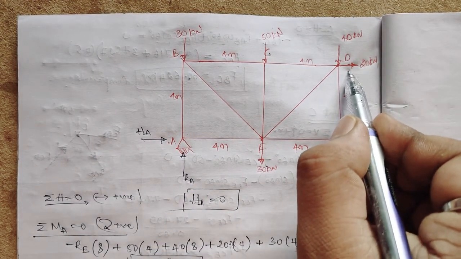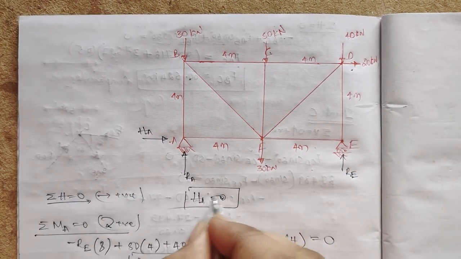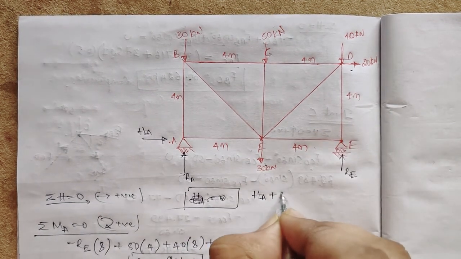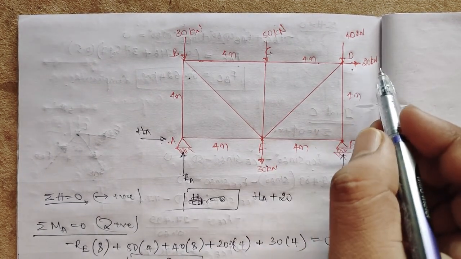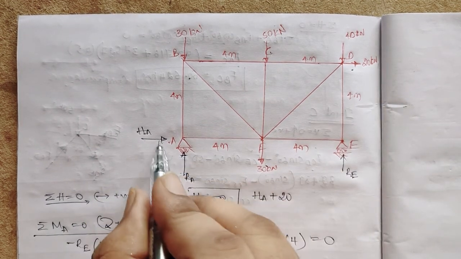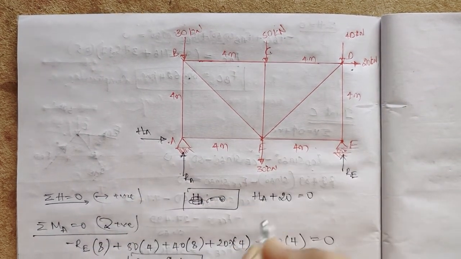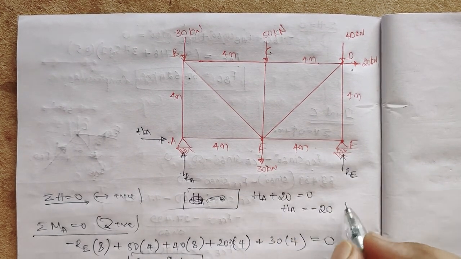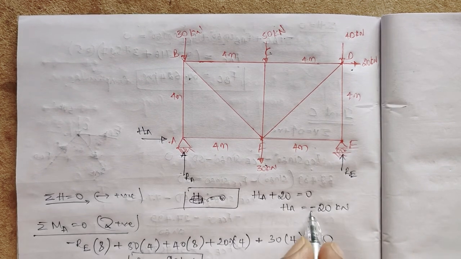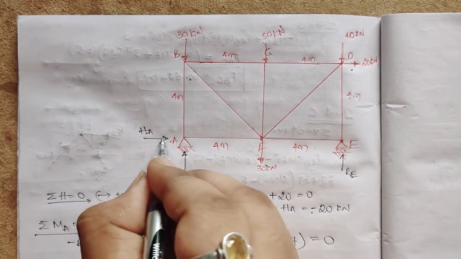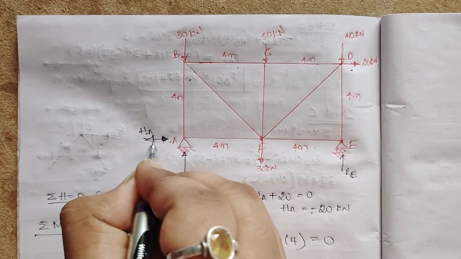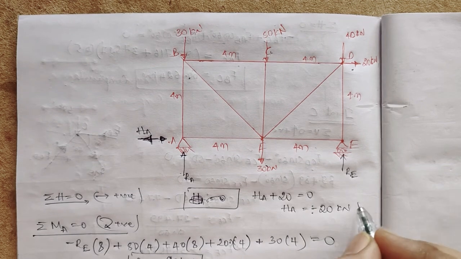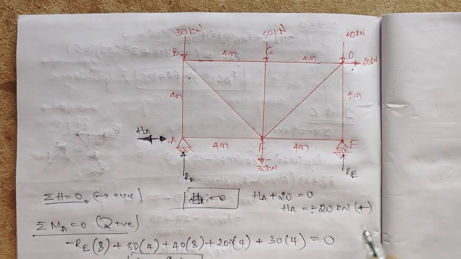It is a purely horizontal force, so HA plus 20, it is going outside, right? HA plus 20 is equal to 0, so HA will be equal to minus 20 kilonewton. As I got minus, HA will be in the opposite direction.